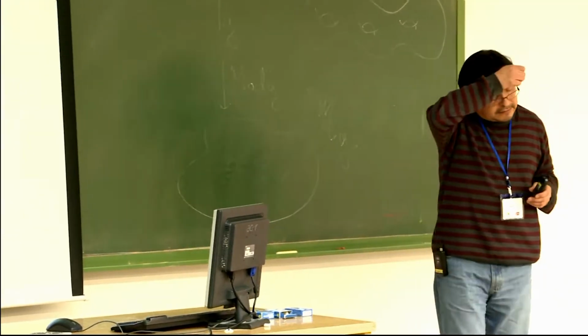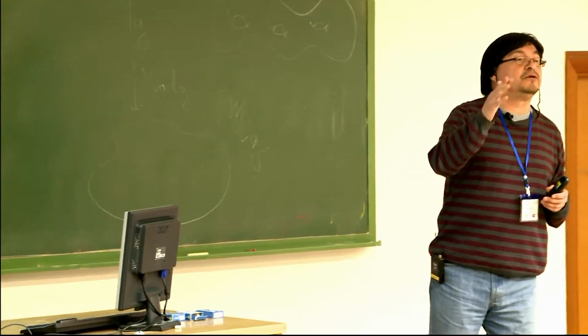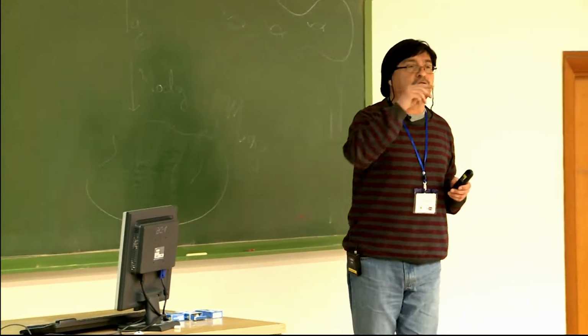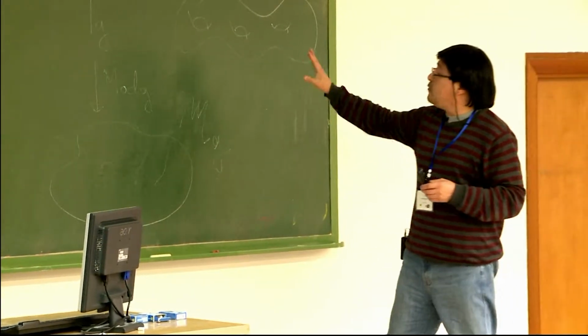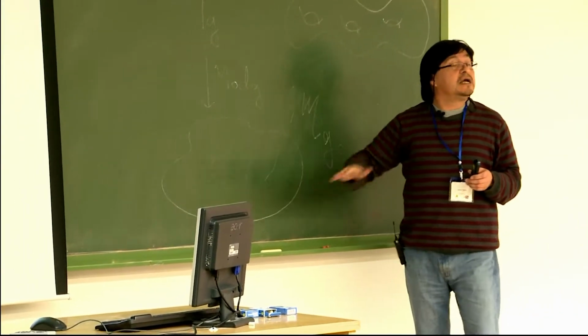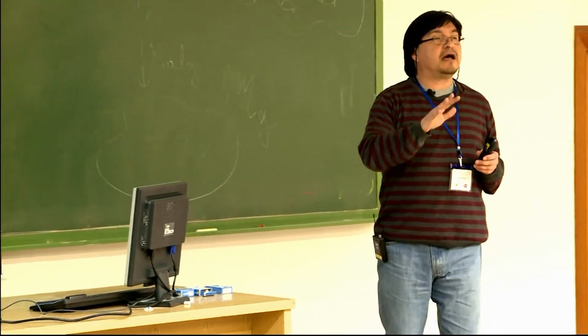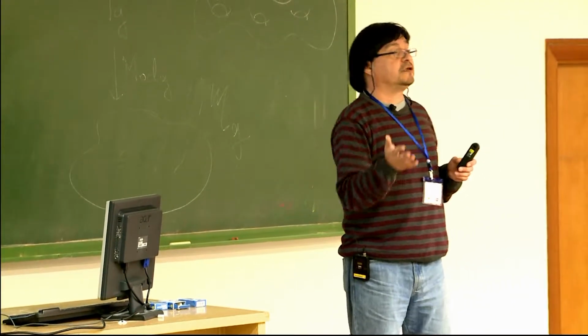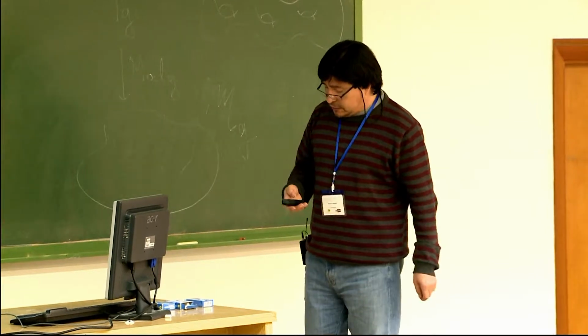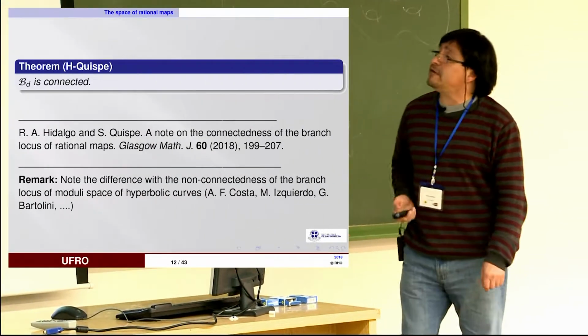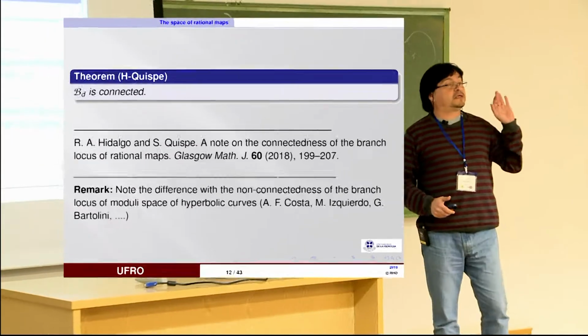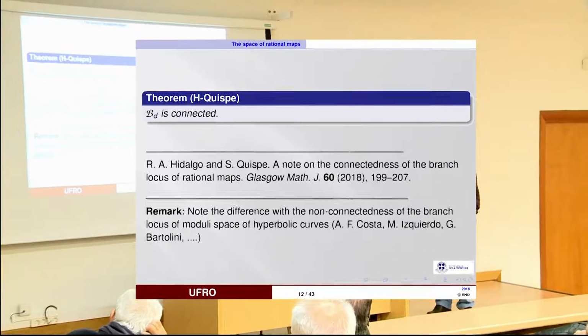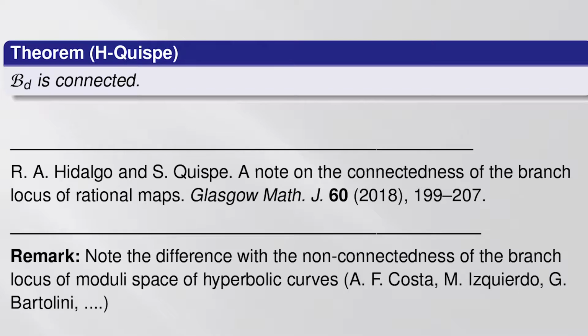In a series of papers by Milagro Izquierdo, Bartolini and Antonio Costa, they have shown that in the moduli space of Riemann surfaces the corresponding branch locus usually is disconnected, and there are only some finite number of genera where it is connected. But what is going on for rational maps? We observed that no matter which degree we are in, the branch locus is always connected. So there we see a main difference between rational maps and closed Riemann surfaces.